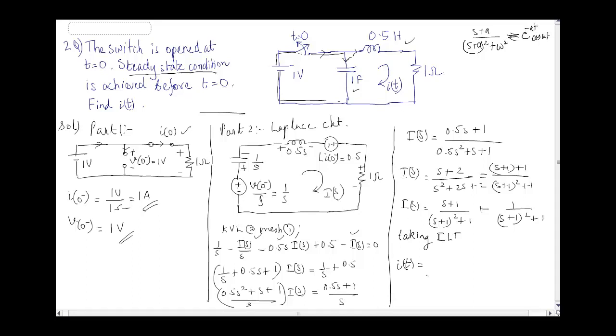So going by that same rule, I will get here e raised to power minus t cos omega t, where omega is 1 here, so cos t.